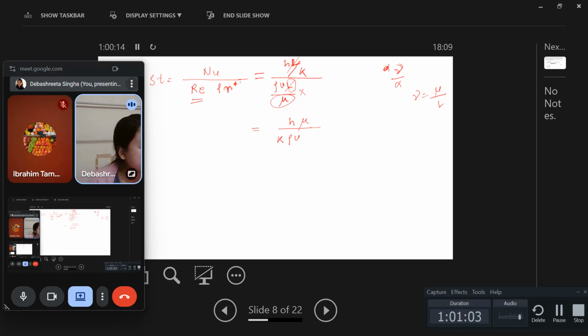How do you write this Prandtl number? It's mu by alpha. Then mu is given as mu by rho, and alpha is K by rho Cp, right?